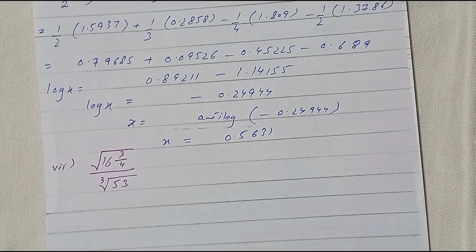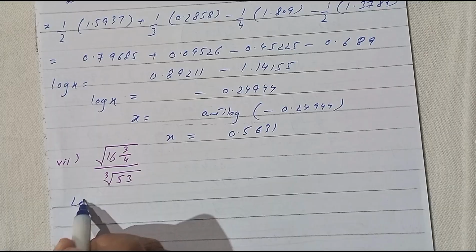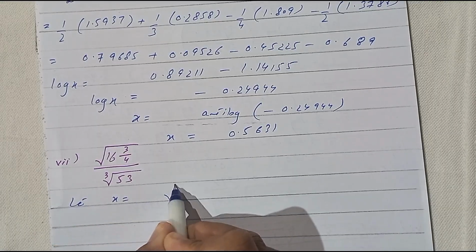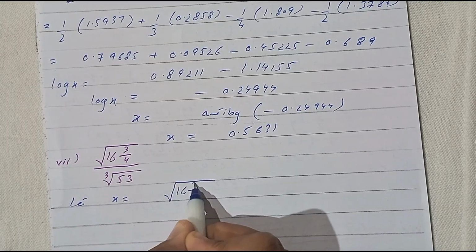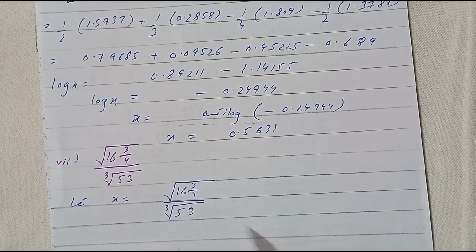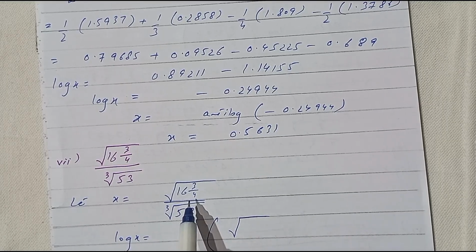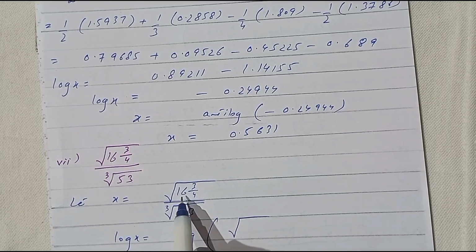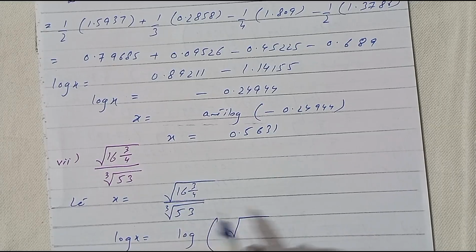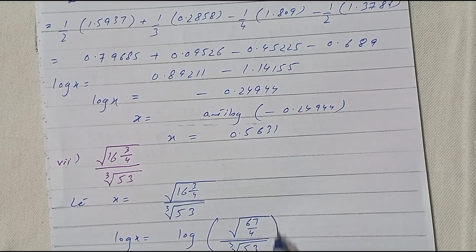The seventh part is the division of two radical numbers. So first we let x equal to the radical of that mixed number divided by cube root of 53. Applying log on both sides, we convert this mixed number into a fraction. Multiplying 16 with 4 and adding the value of 3, we get the answer 67 by 4, divided by cube root of 53.